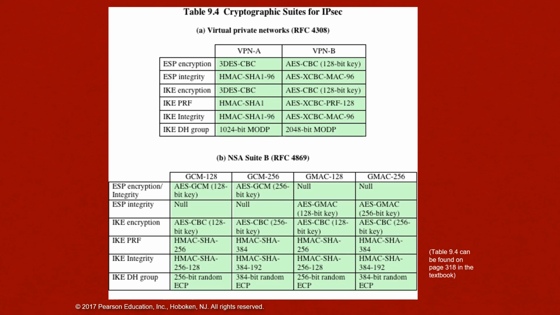Message authentication. For ESP, if only authentication is required, then GMAC is used. As discussed in Chapter 12, GMAC is simply the authentication portion of the GCM. For IKE, message authentication is provided using HMAC with one of the SHA-2 hash functions.